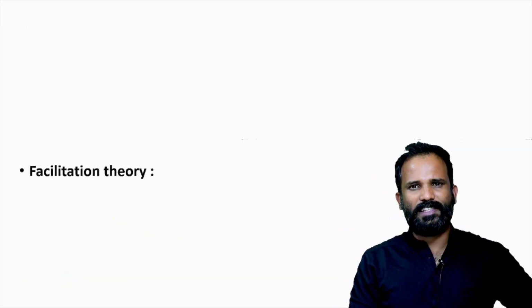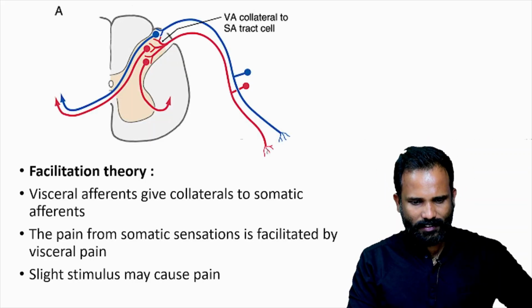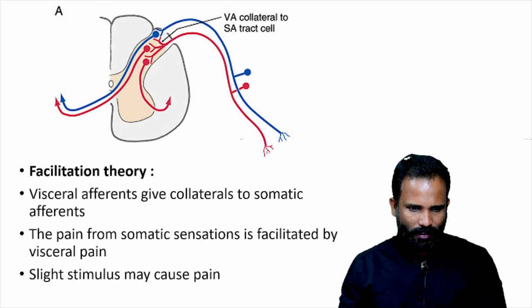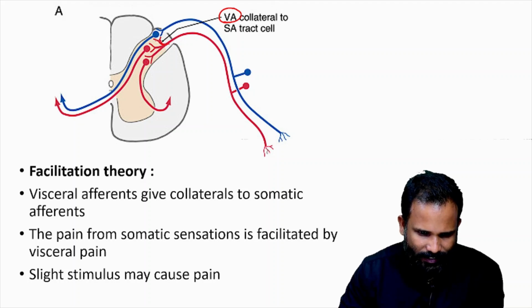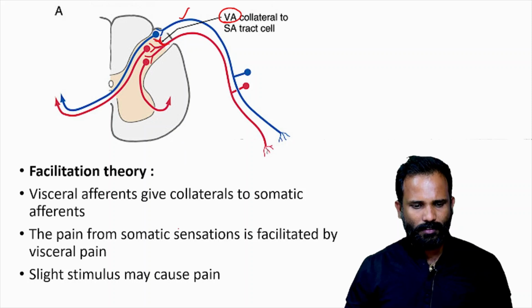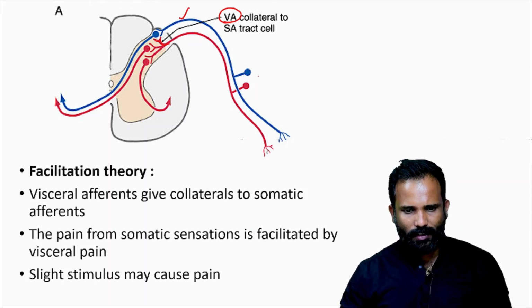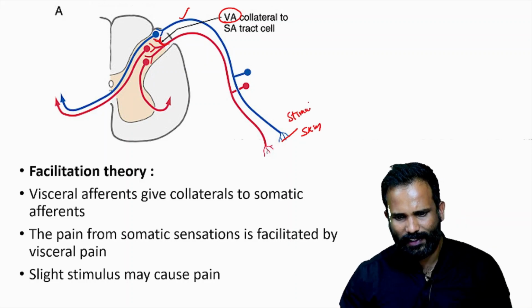Coming to the facilitation theory. What is this facilitation theory? If you see here in the diagram, this is the visceral afferent. This visceral afferent is giving a collateral to the somatic afferent. Now what happens? Let us think that this somatic afferent, which goes to the skin, is stimulated slightly.